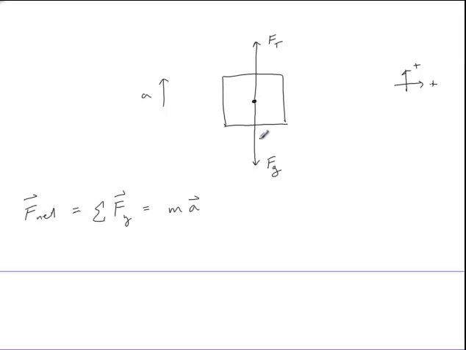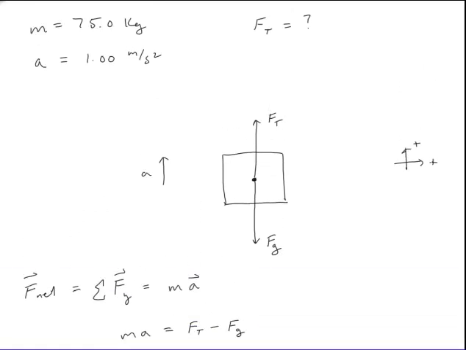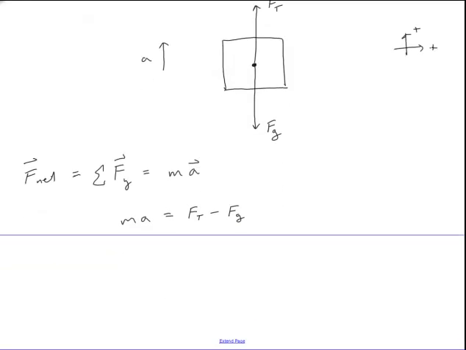So let's look at ma. a is going up, a is positive, so m times a equals the sum of the forces in the y direction. F_t is positive. F_g is going down, so it's negative F_g. F_g, we all know, is mass times gravity. So ma equals F_t minus mass times gravity.